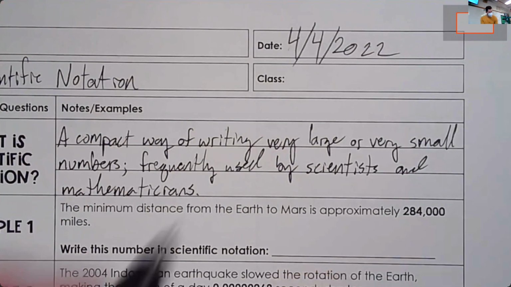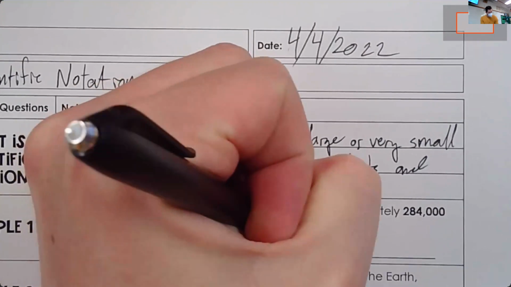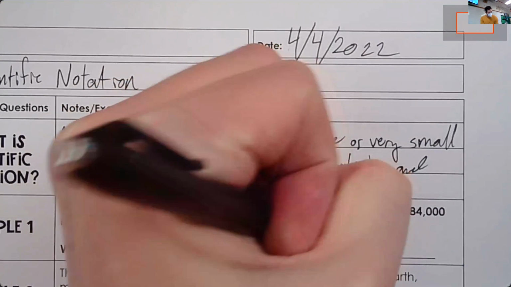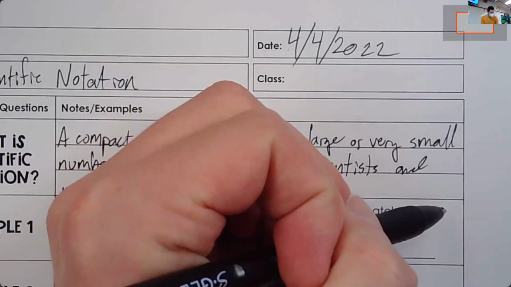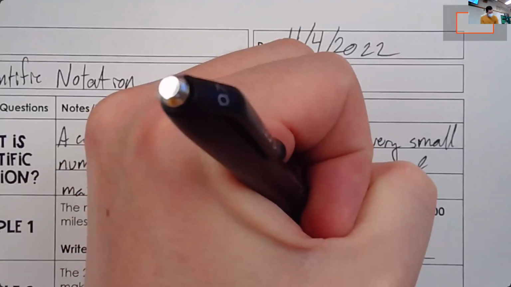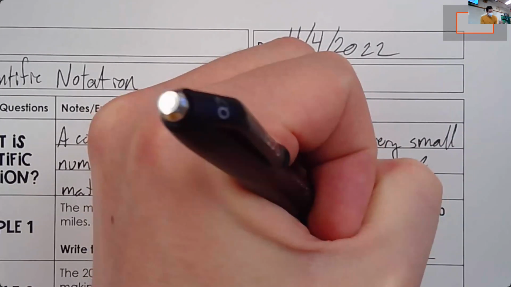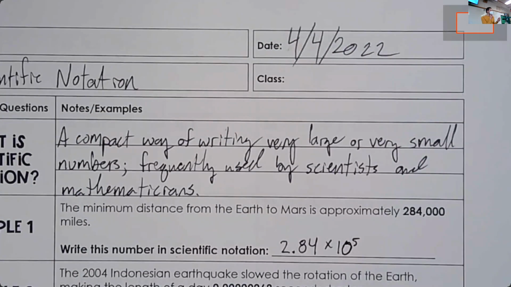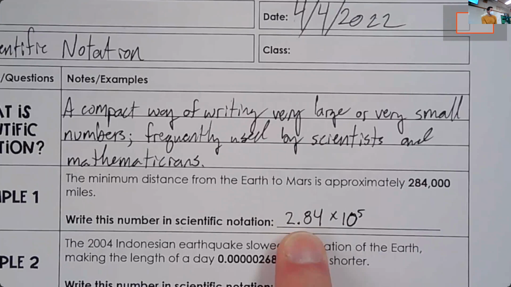So the answer to this is 2.84 times 10 to the 5th power. That is what scientific notation for 284,000 looks like. The main rules here are the first number has to be at least 1, but it also has to be less than 10.